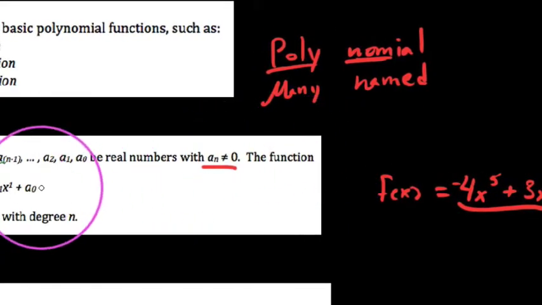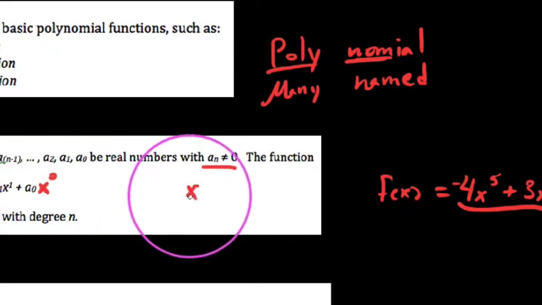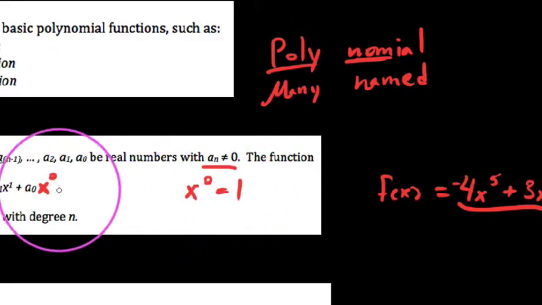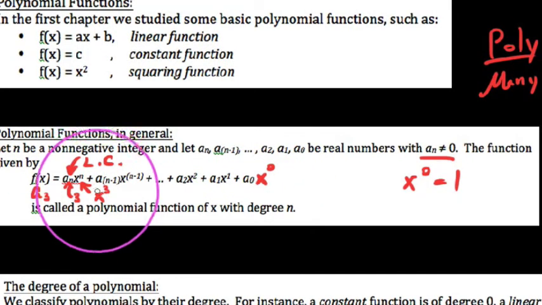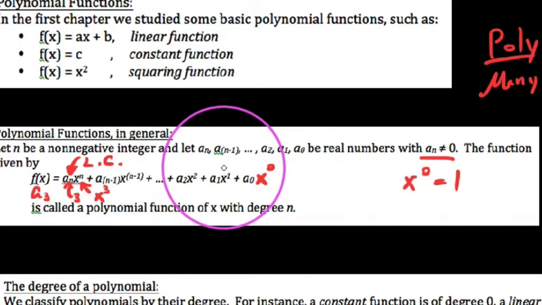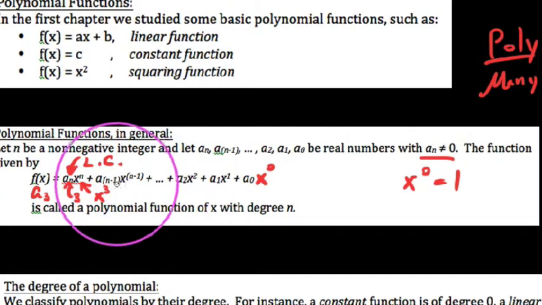You'll notice in the definition it says a sub 0. We could have written an x to the 0, but recall that anything to the power of 0 is equal to 1, so we tend not to write it. This is what a polynomial function is, where all of the coefficients are real numbers, and by the way, n is an integer, so all of our powers are whole numbers as well, and they are non-negative.